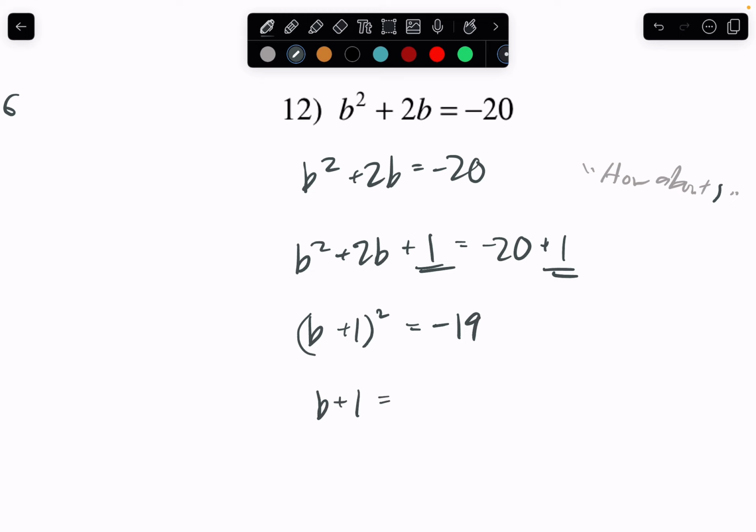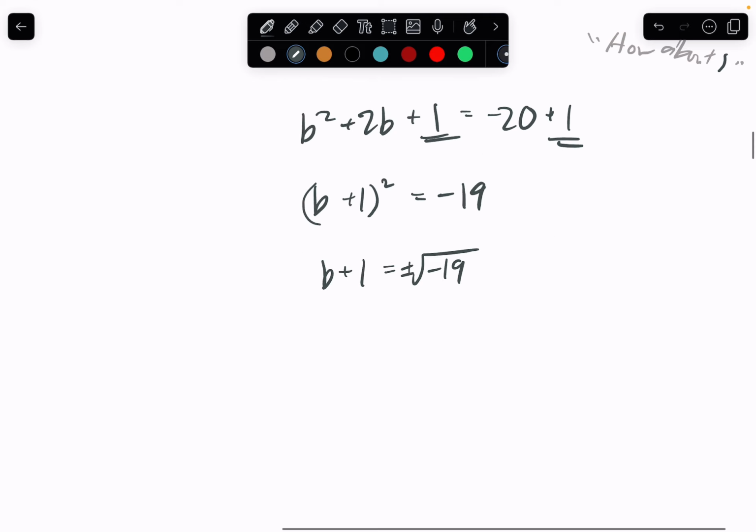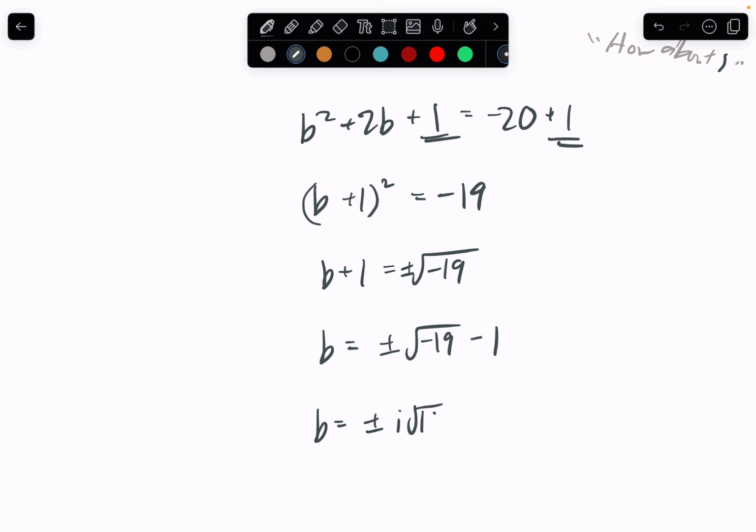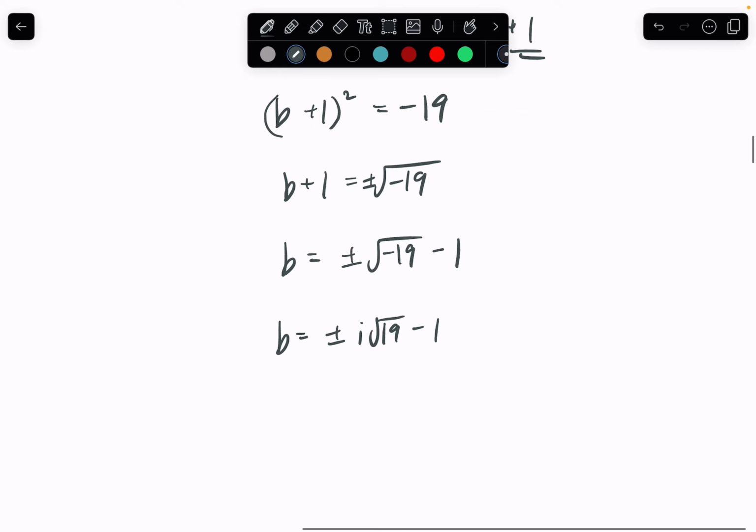b plus 1 is equal to the square root of negative 19. i square root of 19. Okay. We're going to deal with something that's imaginary again here. There you go. And then i square root of 19 minus 1.